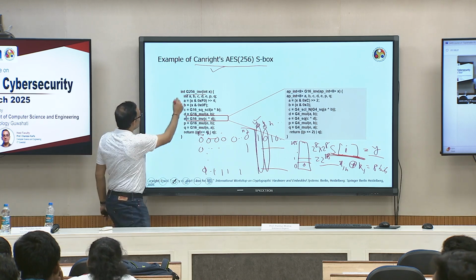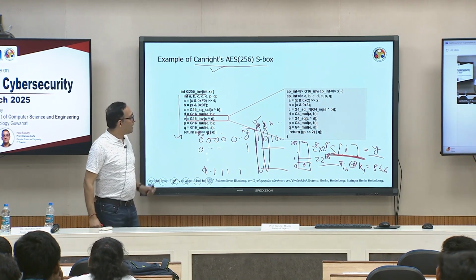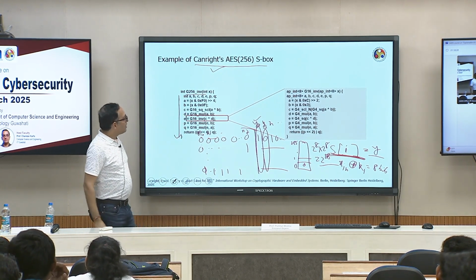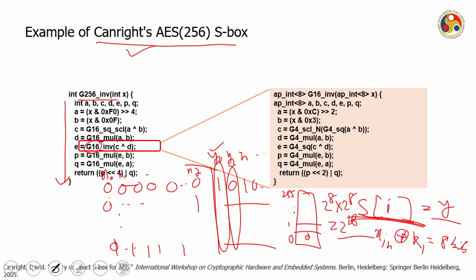So this is the C code corresponding to the original implementation. Now, I want to mask it. Within that you have this G16, which is another function that is calling again, there are 4 functions: G4 SCL, which is multiply with constant, G4 multiplier, G4 square, and this will again call G2, and that will call an AND operation.